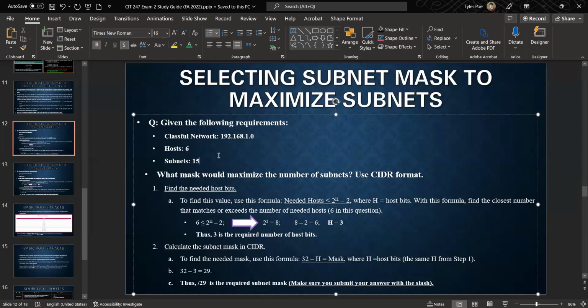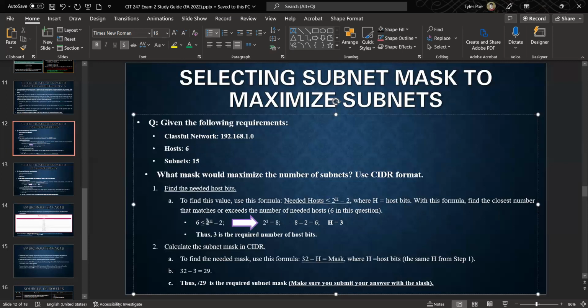So the process behind this is binary, but we're using math as a shortcut. The mask that would maximize the number of subnets, we find by finding the number of host bits that will meet or exceed the number of hosts required. So that is why 6 is less than or equal to.